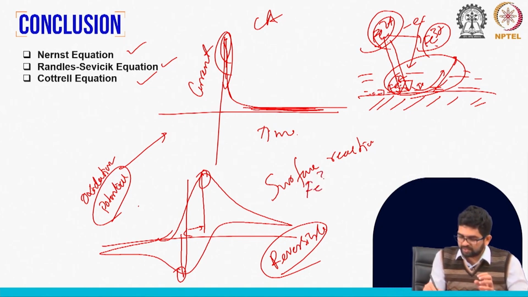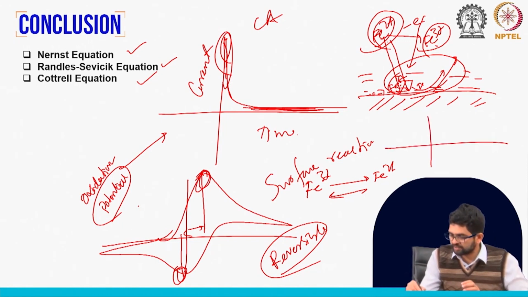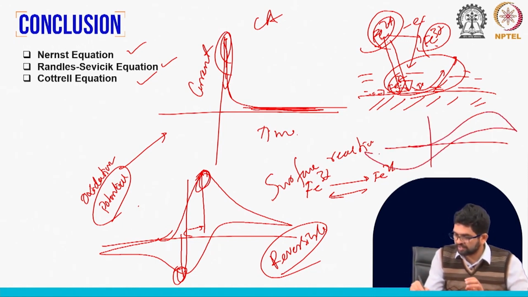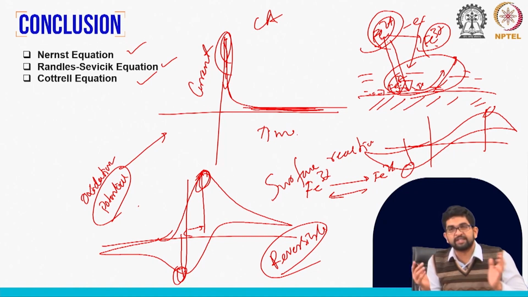It means Fe3+ goes to Fe2+ easily, and Fe2+ to Fe3+ is also very easy. So you will get a very good shape. But if the oxidation and reduction peaks are very far apart, like here oxidation, here reduction, it is kind of an irreversible process. In that case they will go very far from each other. Like this you can explain many things.